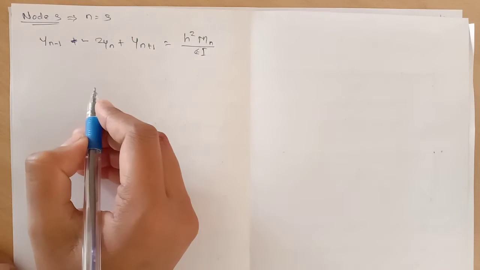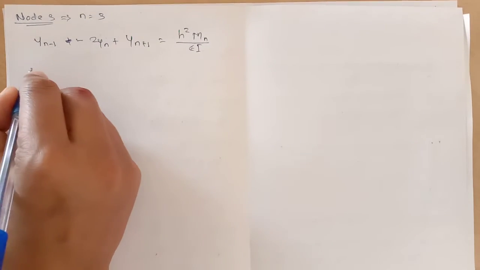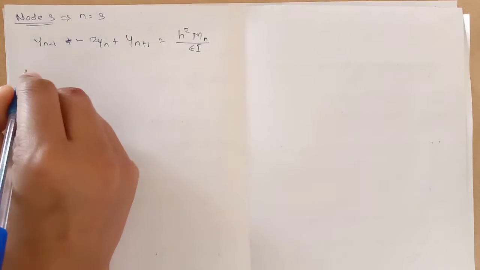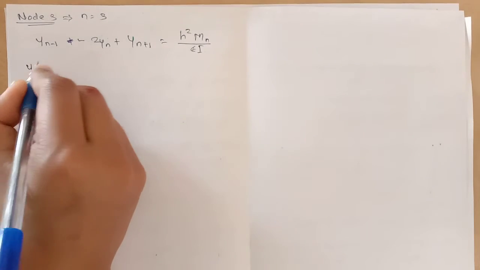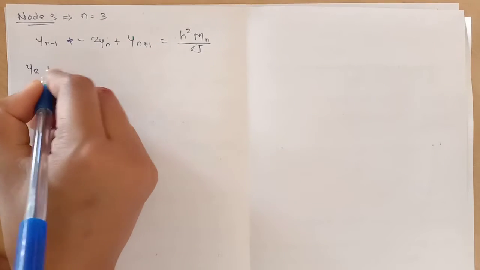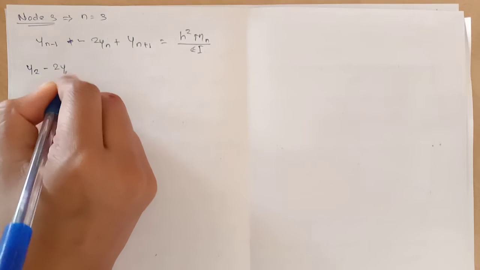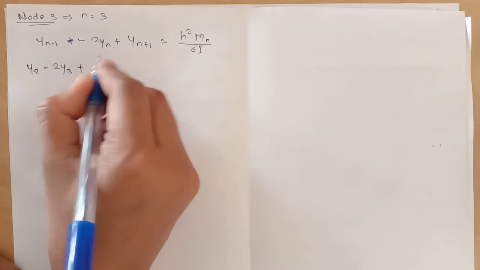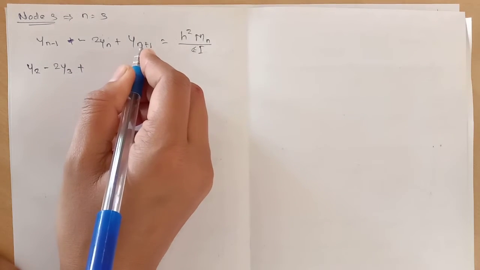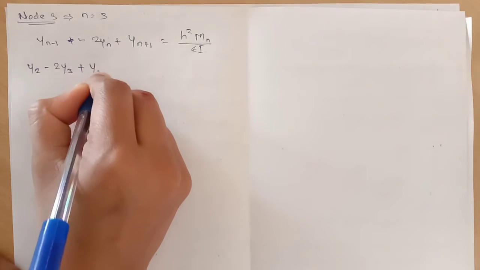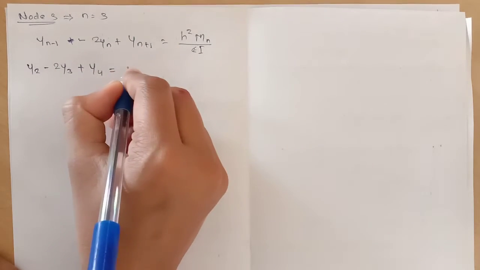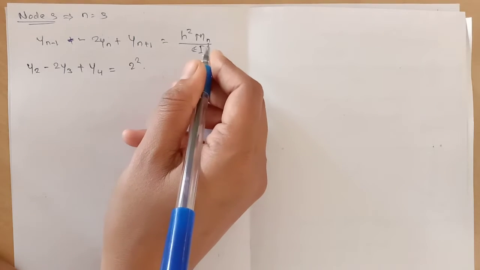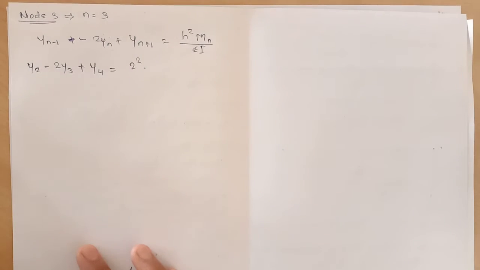Here n is 3, so put these values in this equation. y(3-1) is y2, minus 2y3, plus y(3+1), that is y4, is equal to h squared into Mn, that means the moment at the third nodal point.